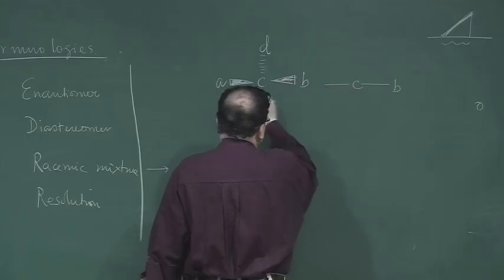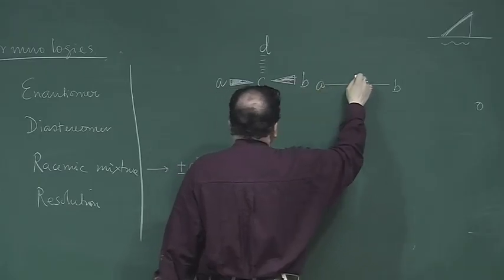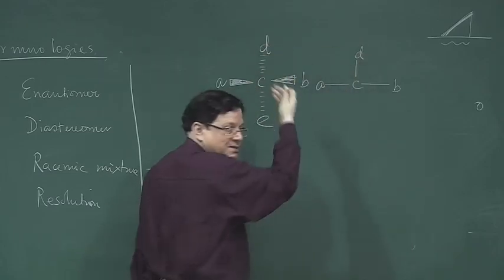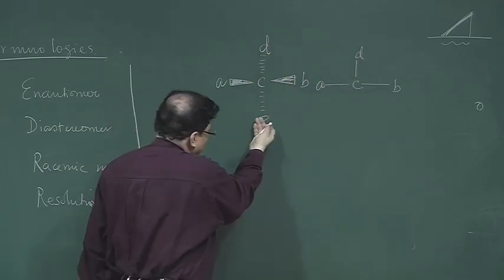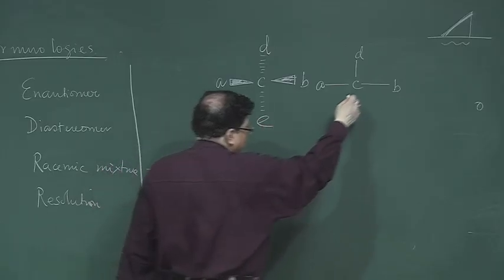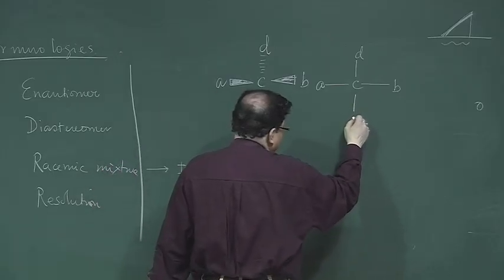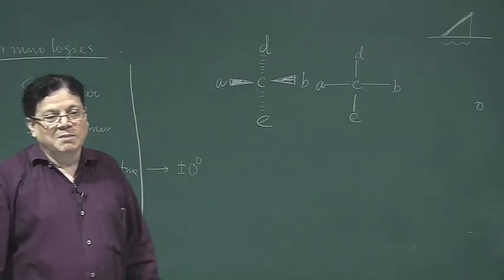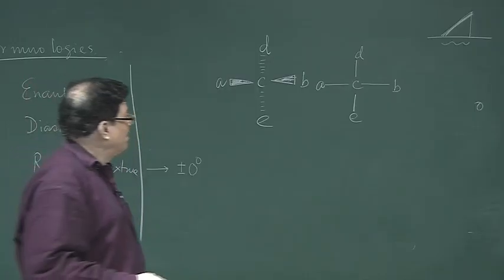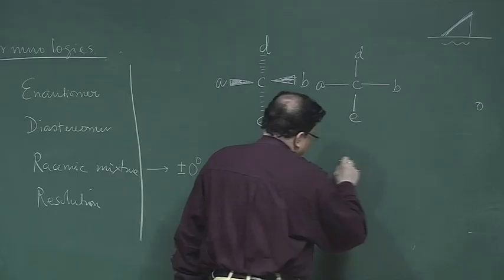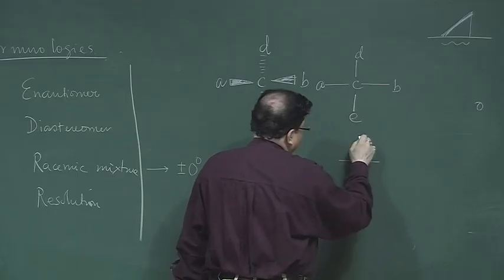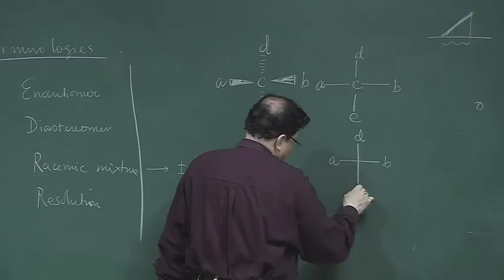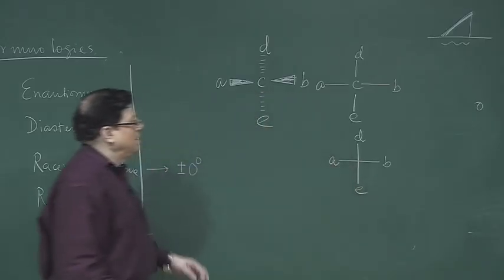This is the projection of A, and this is the projection of D. Now, this projection has to come from the back side, and this projection also has to come from the back side. So, these are the projections of all the bonds in the plane of the board. Now, you remove the carbon and it will look like a cross. So, this will be D, this will be B, this will be A, and this will be E. I hope this is clear.